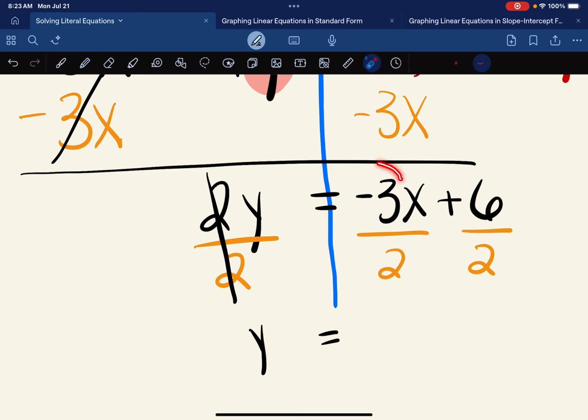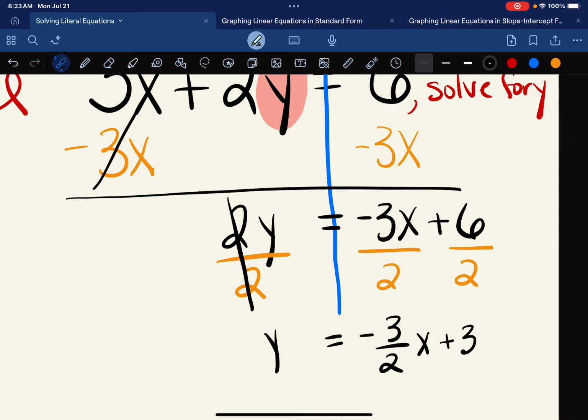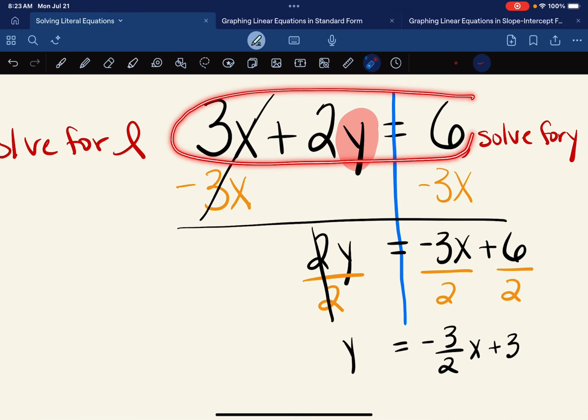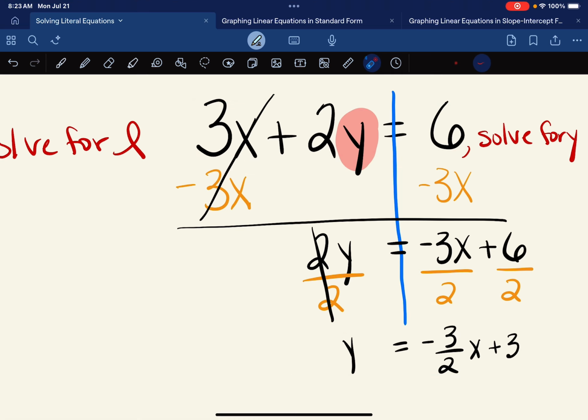And then I know that this negative 3 divided by 2 does not reduce, so I'll rewrite it as negative 3 over 2, and then I have my x variable, and then 6 divided by 2 gives us 3, so plus 3. So essentially what we just did here was take our equation in standard form and convert it into slope-intercept form. And if you need more help with solving linear equations, I would encourage you to go and find that video that I already have posted for you.